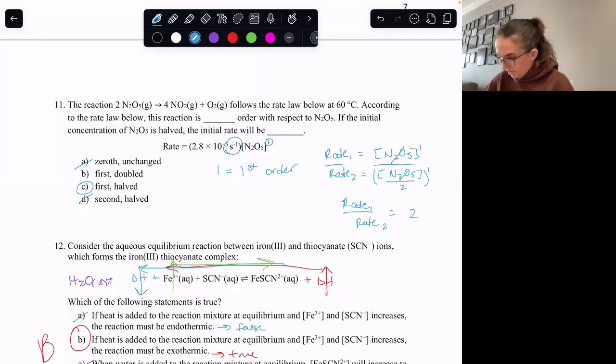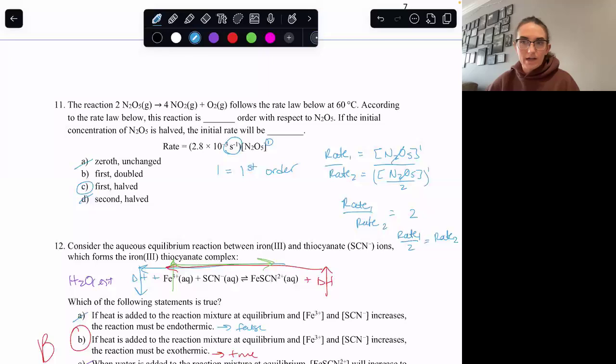So to solve for rate 2, you multiply across and then divide. That's rate 1 divided by 2 is equal to rate 2. That's showing you that the rate is divided by 2 for your change, so rate 2 is half of rate 1.